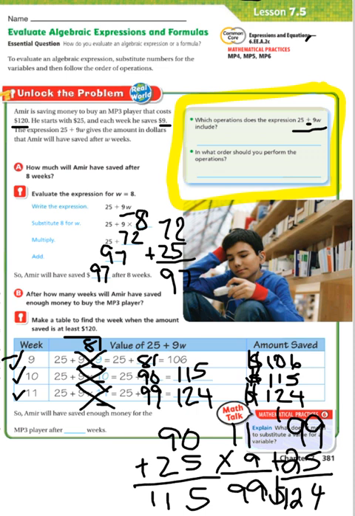That's easy. And multiplication, because when we have a number right next to a variable with no space in between, we multiply those two together.